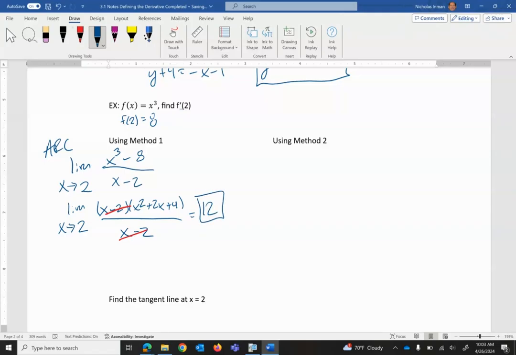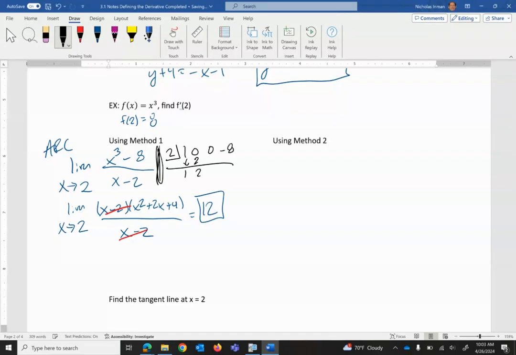If you have no idea what a difference of cubes is and that doesn't work for you, here's what I was talking about. You could try synthetic or long division with this. So instead of a difference of cubes, remember putting the opposite of this number in a little box? We would then say 1x cubed, 0x squared, 0x, minus 8. Bring down the 1. 1 times 2 is 2.